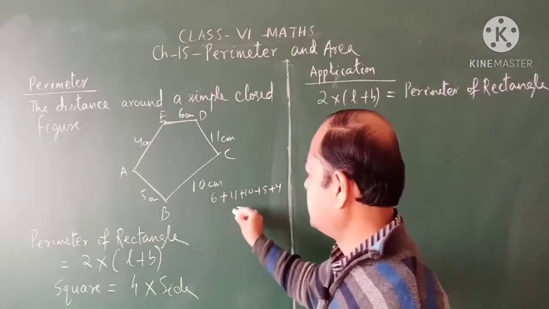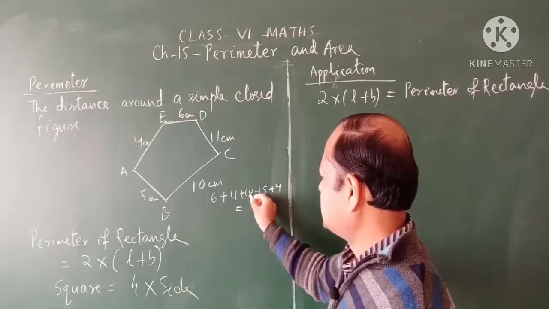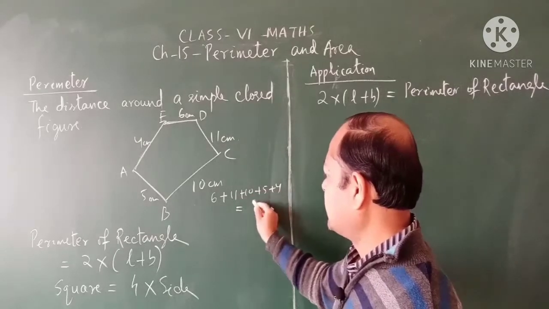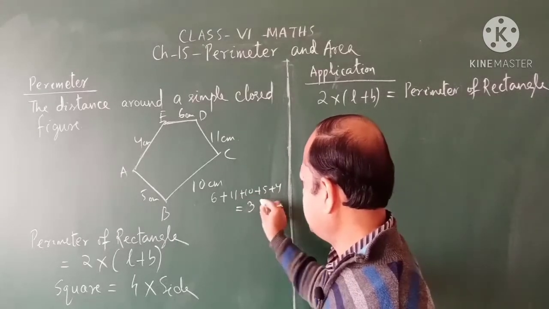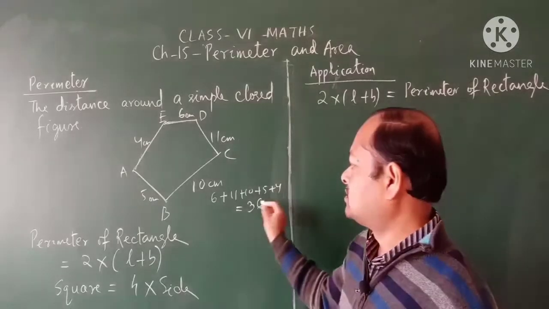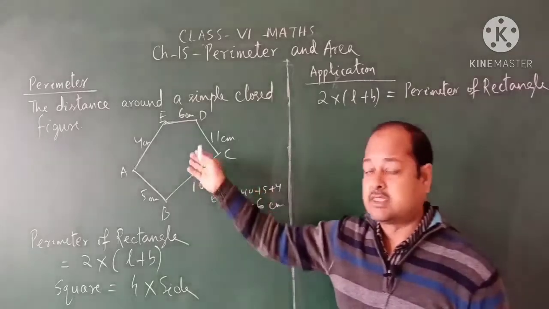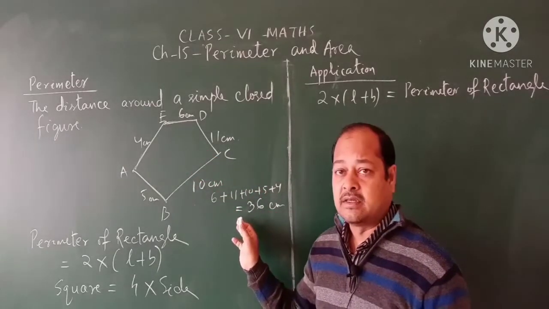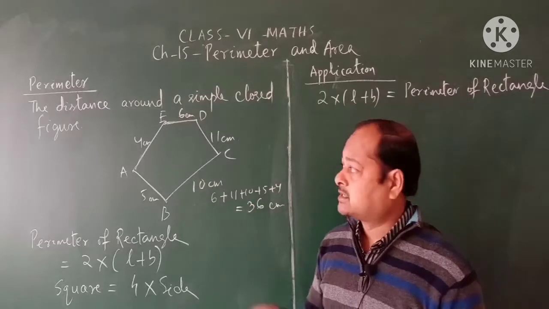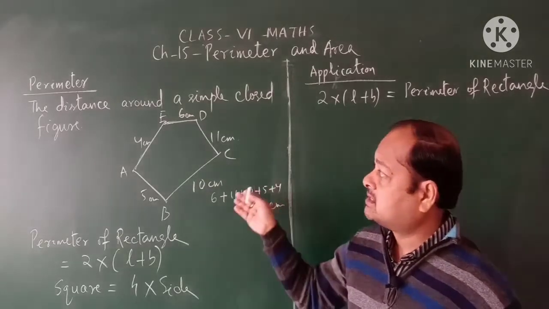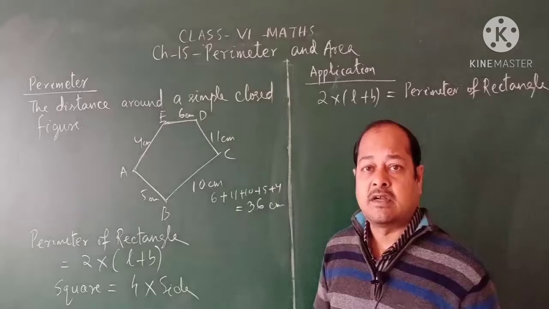So 6 plus 11 is 17, 17 plus 10 is 27, 27 plus 9 is 36. So the perimeter of this figure is 36 centimeter. Once again, the distance around a simple closed figure is called perimeter.